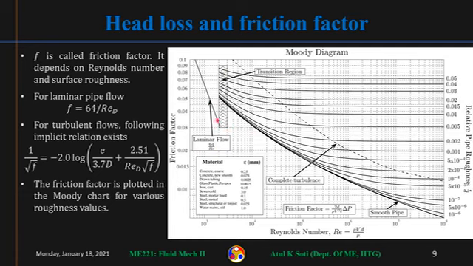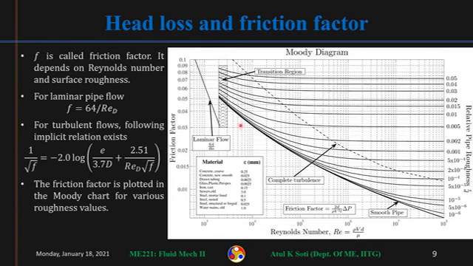As you keep on increasing Reynolds number in a pipe flow, initially it will be laminar, then there will be a transition region where flow will switch from laminar to turbulent. So this transition from laminar to turbulent flow is not immediate, it takes some time. It takes some range of Reynolds number for flow to become turbulent.